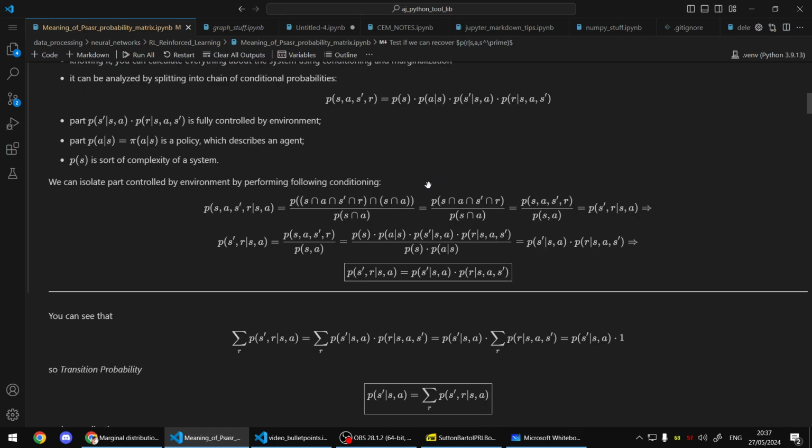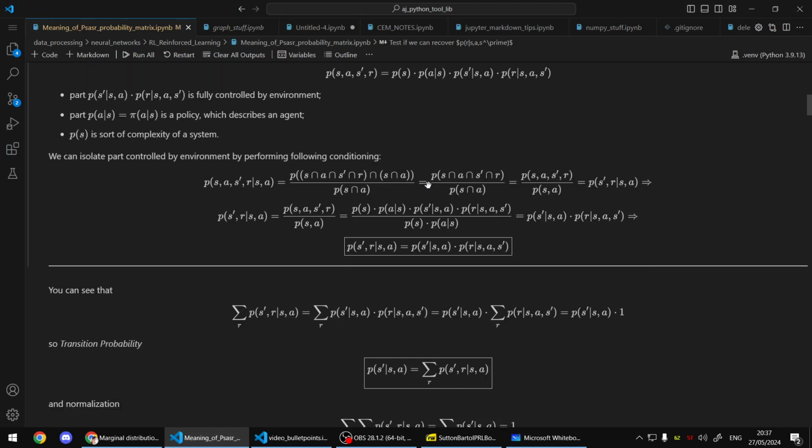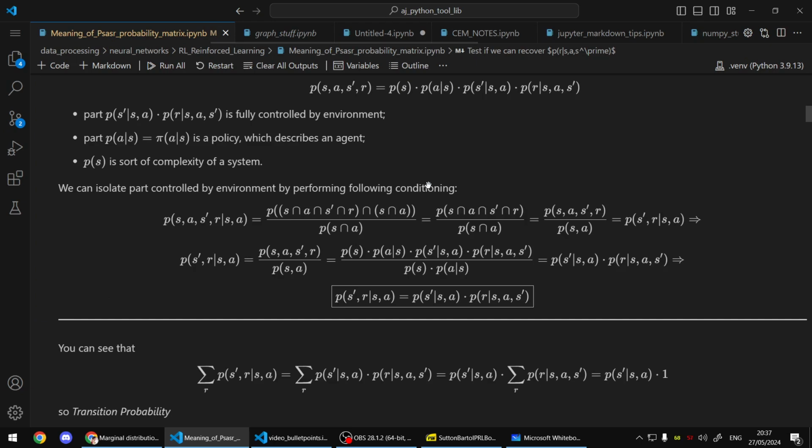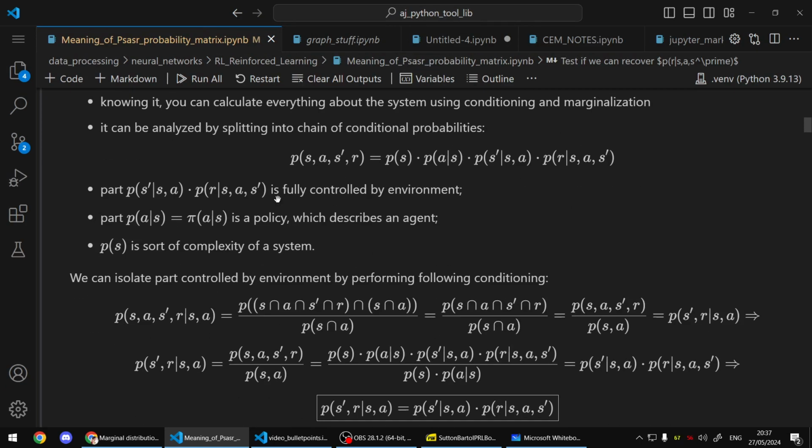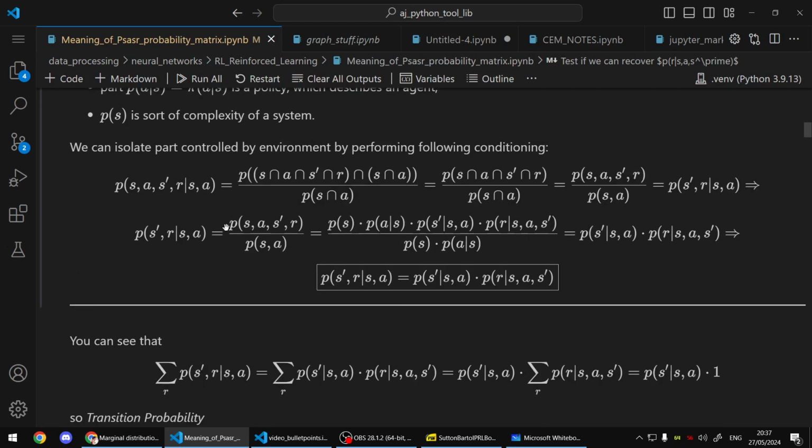So maybe let's talk about how we can get rid of the agent and keep only the environment. That's what I said, environment stuff. If we condition this joint probability on being in some state S and action A, it reduces simply into this expression.